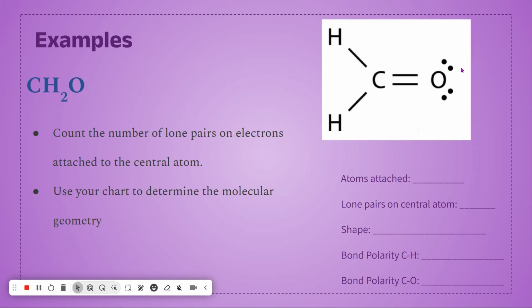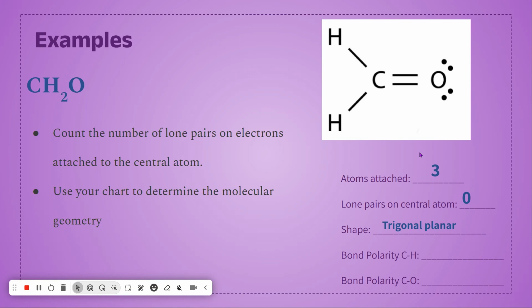All right, CH2O. All right, in this case, we have 3 things attached to the central atom. All right, now you want to be careful here because we want to know lone pairs, but we only care about the central atom. Okay, so these lone pairs on the oxygen we're not concerned with. So there are 0 lone pairs, okay, which makes this molecule trigonal planar.